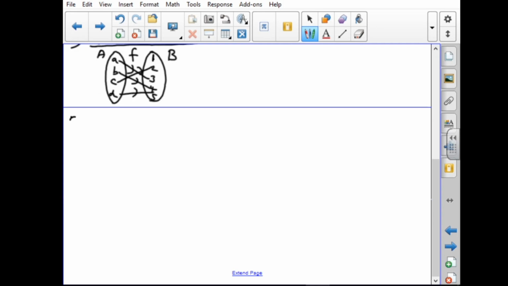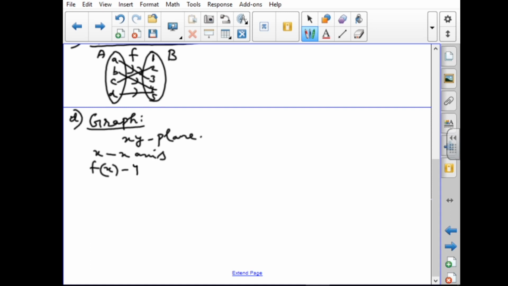Next, the fourth one, graph. The set of ordered pairs of the elements we have to represent in the xy plane. We consider the x values as the x-axis, and the f of x values as the y-axis.